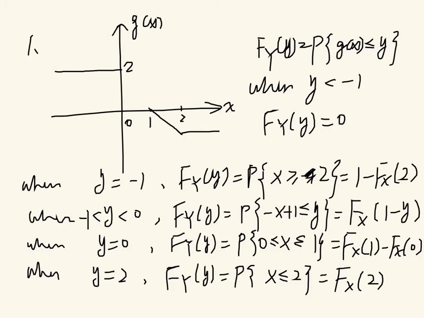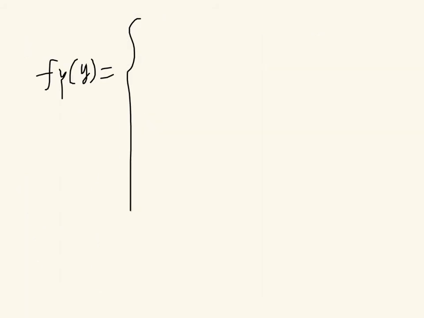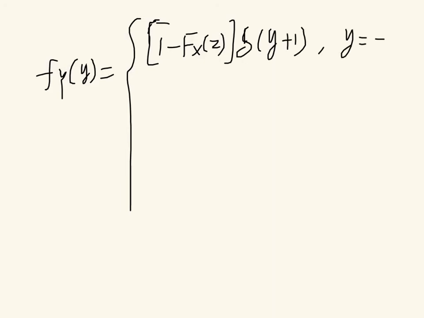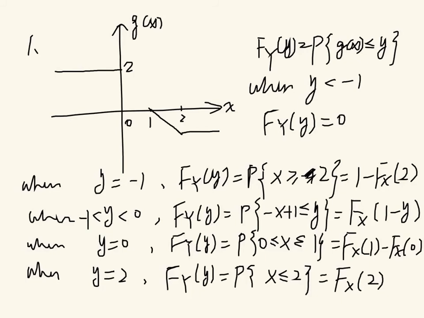When y is equal to minus 1, it should be 1 minus F_X(2).